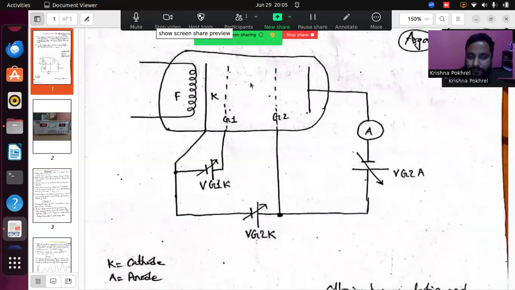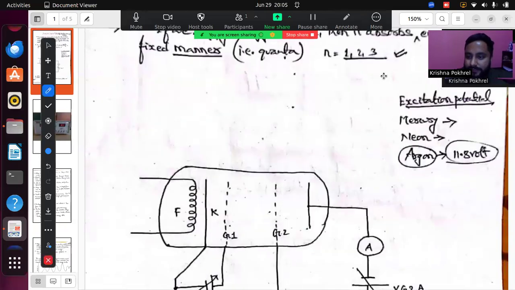The excitation potential of argon gas is around 11.8 volt.